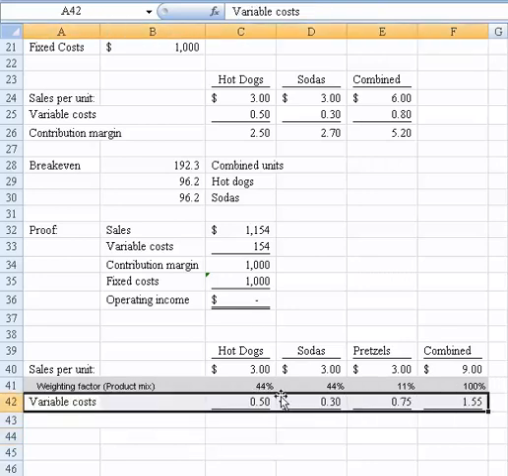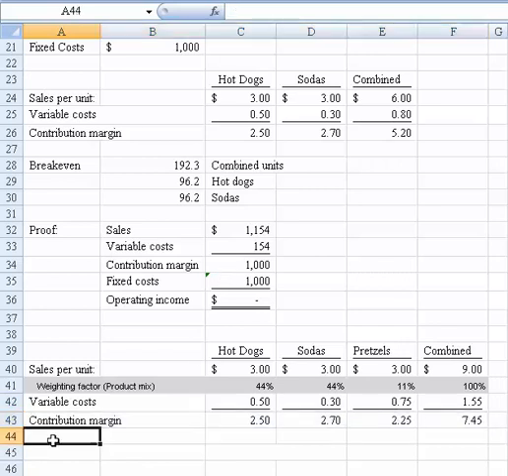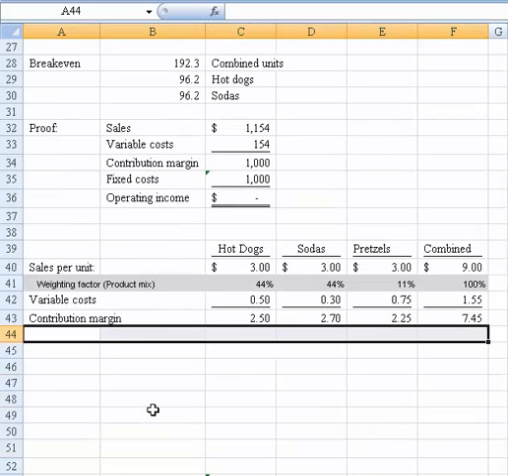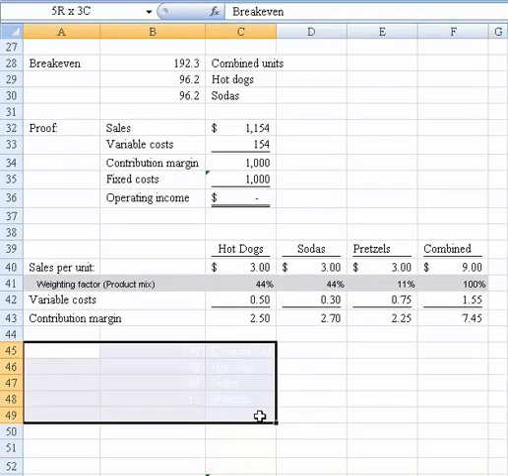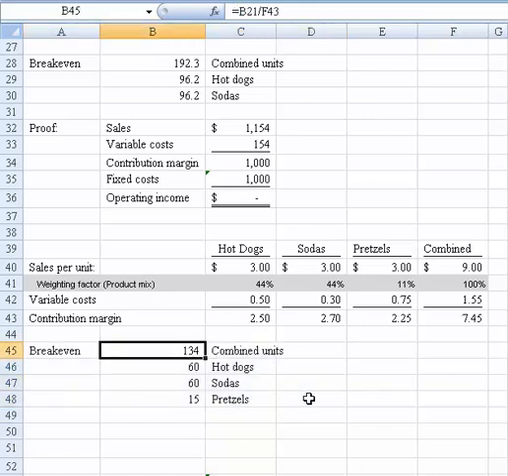Then we drop in our variable cost per unit, calculate the contribution margin, and from there we can see what the new break-even is. So let me bring this to light. We've got 134 units. How do we do that? We use the break-even formula. We take $1,000 of fixed cost, which was in cell B21.